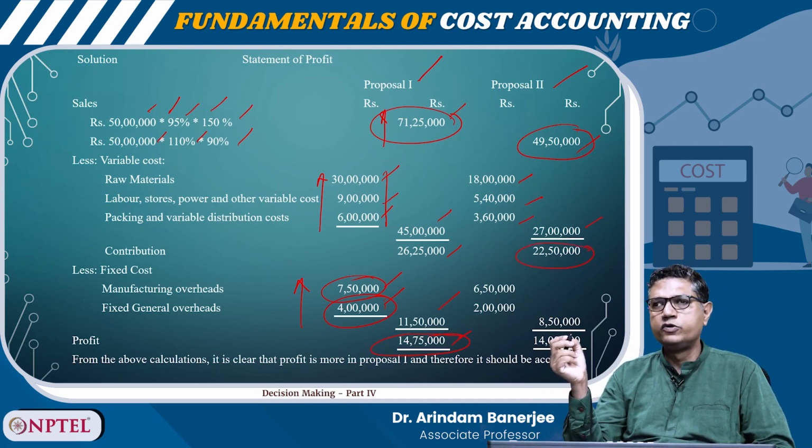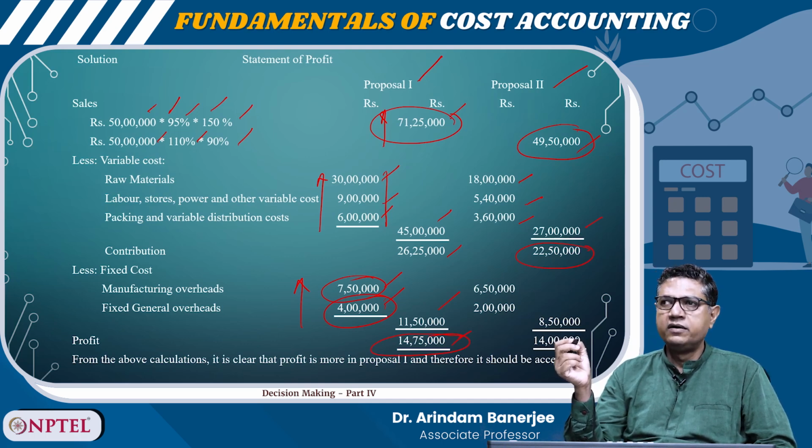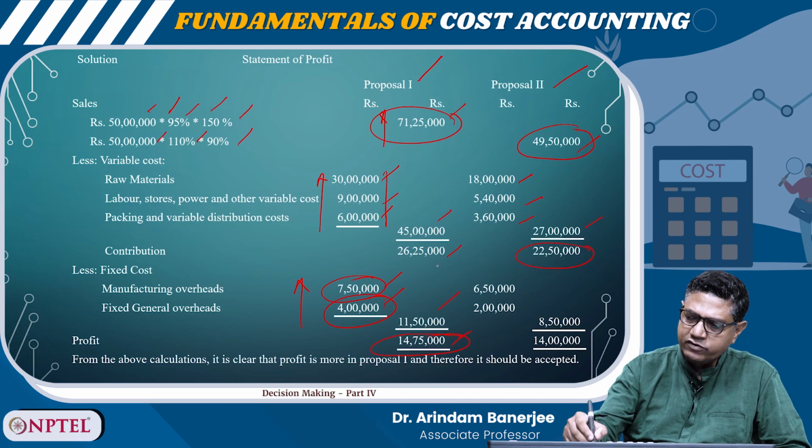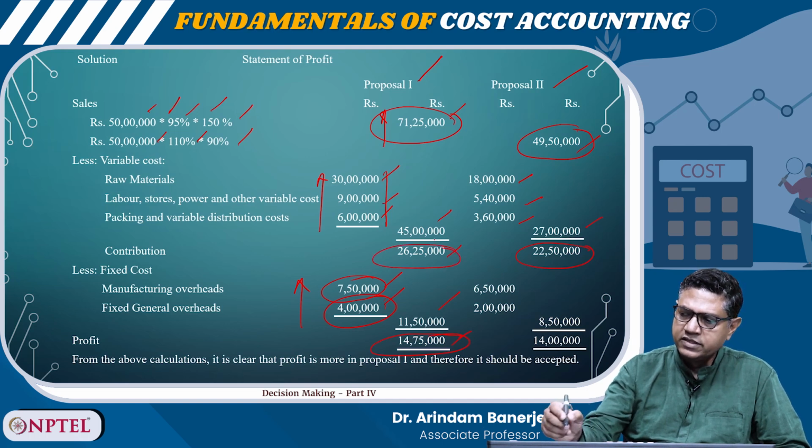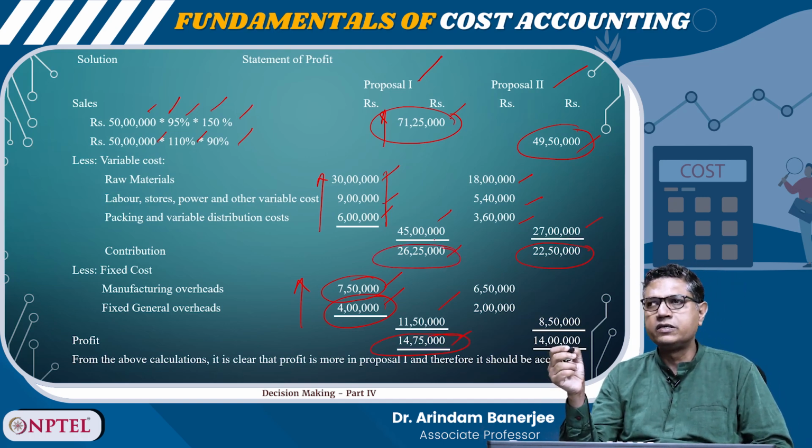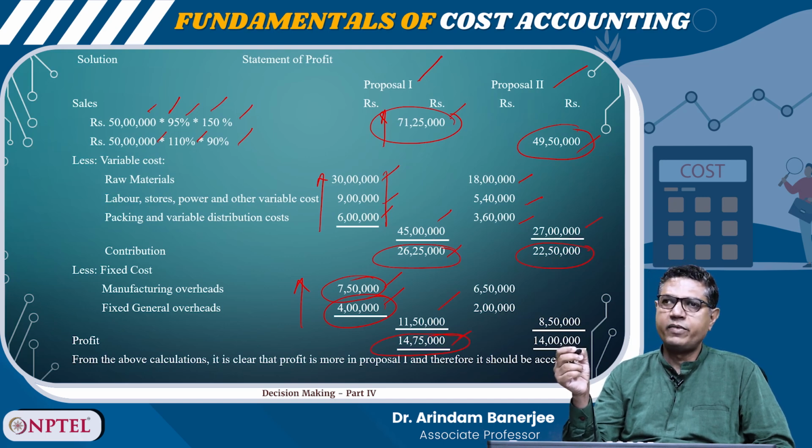So, my contribution in this case is 22,50,000. We can see here that in the second option I am getting a lower contribution compared to proposal 1. In proposal 1 my contribution is 26,25,000. In the second proposal my contribution is becoming 22,50,000. So, in the second case my contribution is slightly lower than proposal 1.